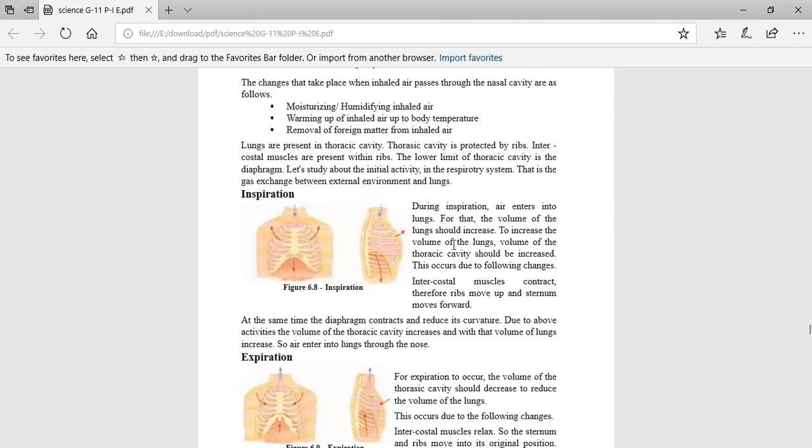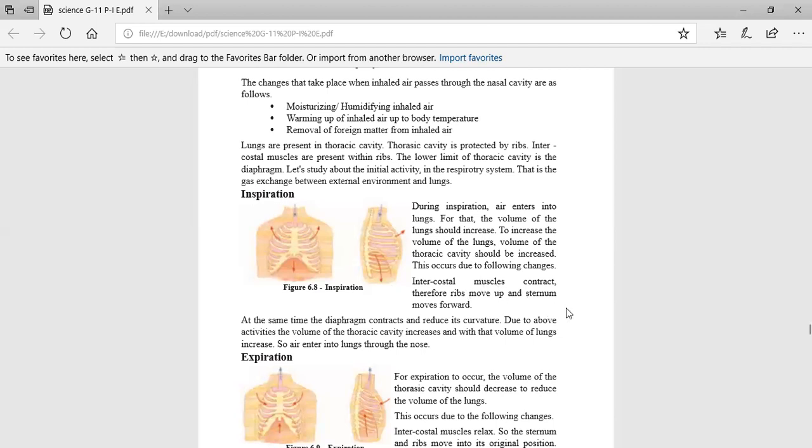The volume of the lungs should increase. To increase the volume of the lungs, the volume of the thoracic cavity should increase.